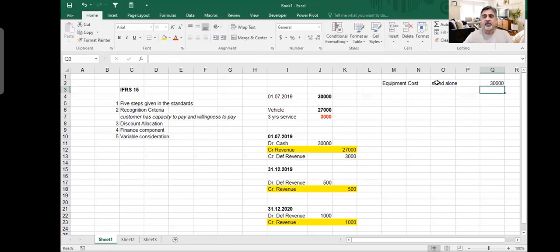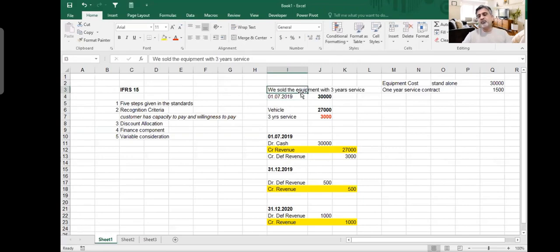And if somebody needs a 1 year service contract for the certain equipment, let's suppose it is 1,500. This is the general terms. If somebody comes to us and says I want to buy equipment, we say it is 30,000, and then 1 year service contract is 1,500. In this particular case, we agree with the customer that we actually sold the equipment with 3 year service.